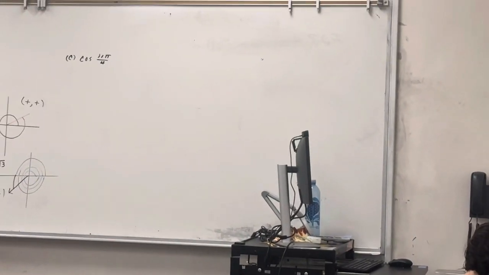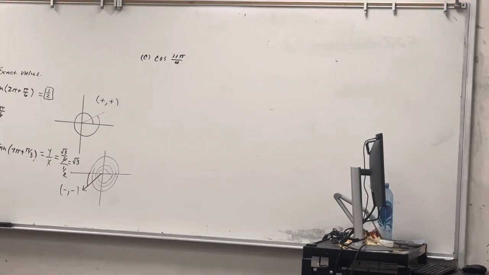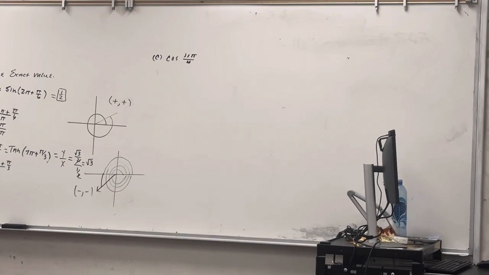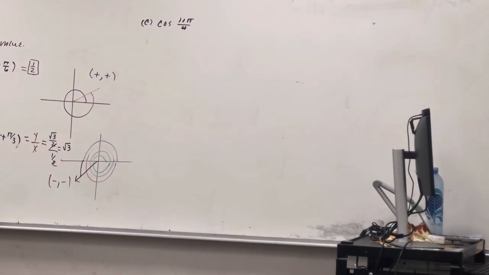Looking back in the table, I don't think 11 pi over 4 was mentioned. But since I see pi over 4, I don't think it was mentioned, was it? Pi over 4, 11 pi over 4, no. But since pi over 4 is mentioned in this, don't you think it's going to eventually take me back to pi over 4 to work with?